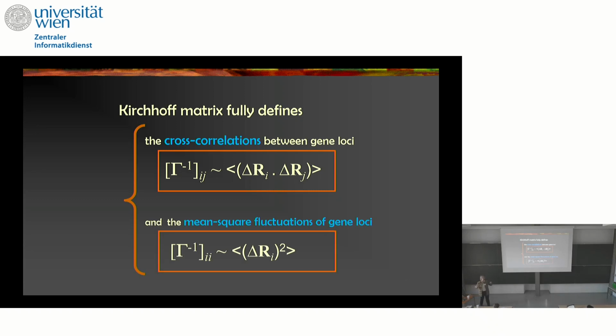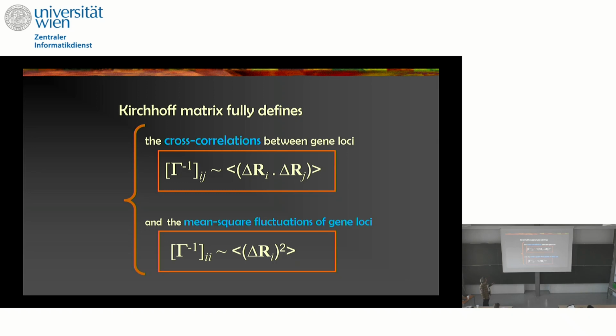Essentially, everything boils down to this very simple expression: the inverse of the connectivity matrix. But connectivity is not binary. It is weighted by the strength of interactions from Hi-C data.